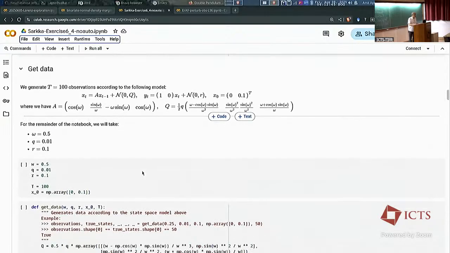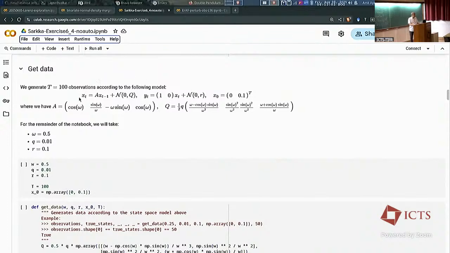Okay, so here is the Markov model. Let me mention the observations first. Yt is h xt plus eta. That's this part of it, and h is just observing the first component.